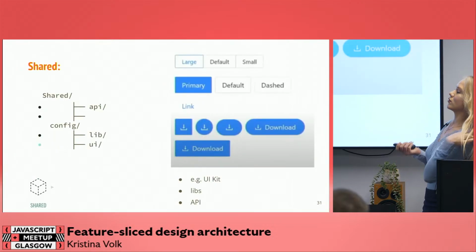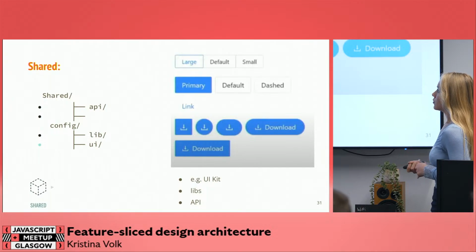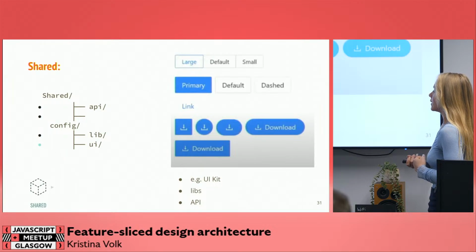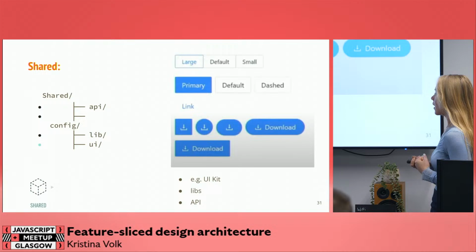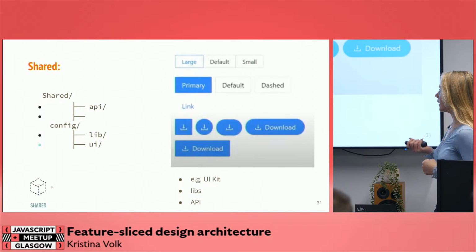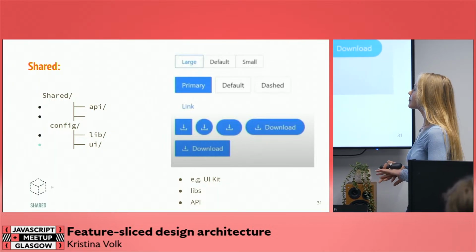And yeah, let's talk a little bit more in detail about each of them. So shared, as I said, is the most blind layer. Why? Because it stores our, for example, UI kit. So very abstract, like buttons, drop-downs, models, anything like that.